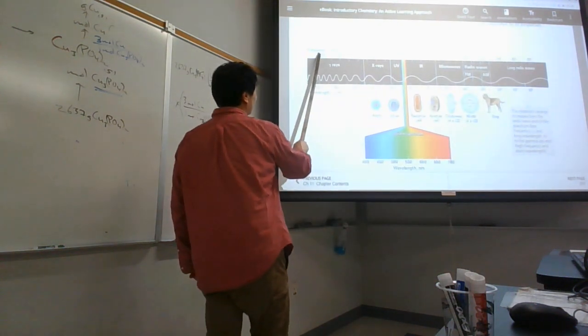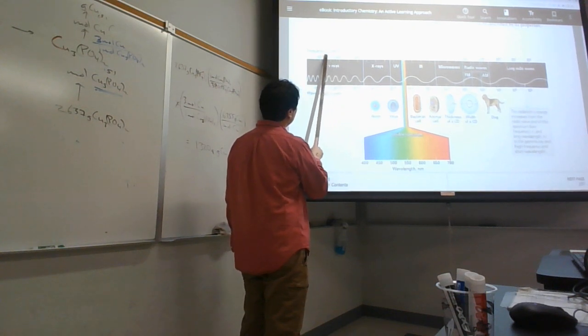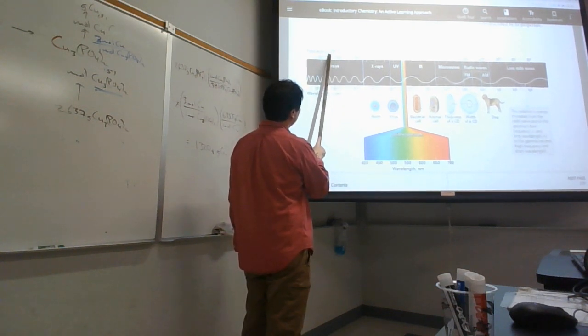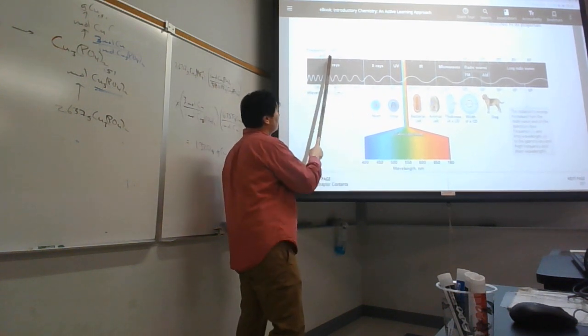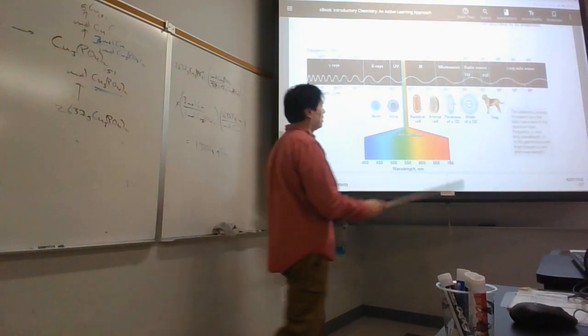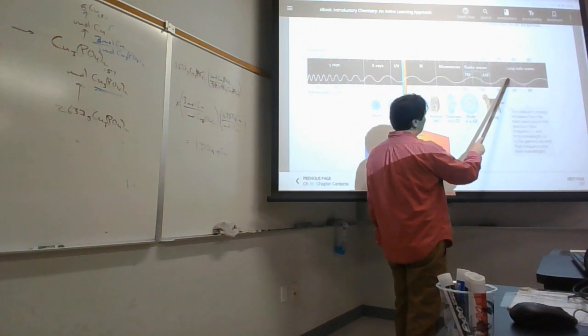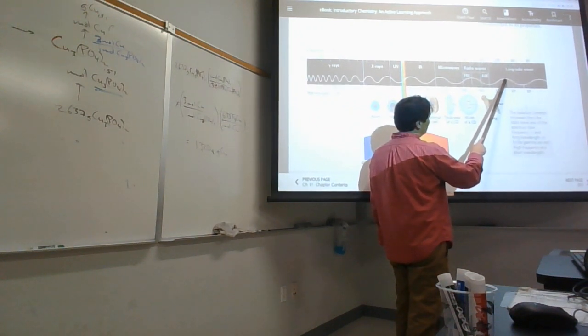Frequency is given in units of hertz, which is abbreviated capital Hz. Frequency has a symbol called nu, which is this v there. And 1 hertz is defined as 1 cycle per second. So we start off here at the top of the hill, and as this moves past us, we drop down to the bottom and then go back up to the top.